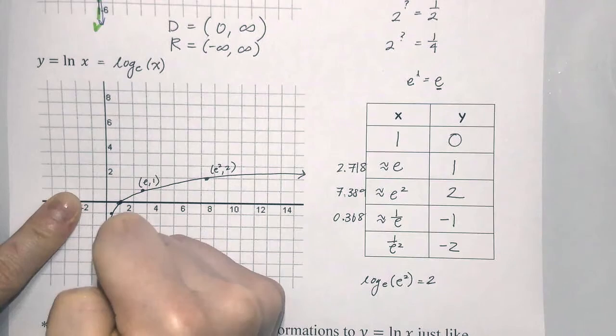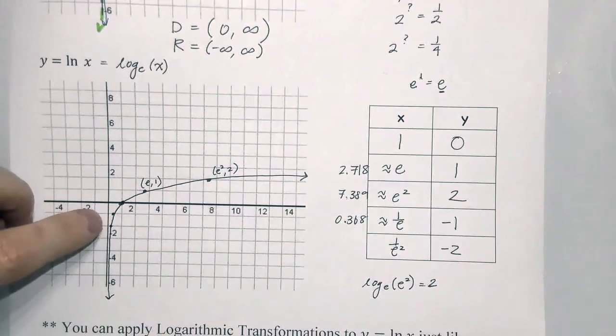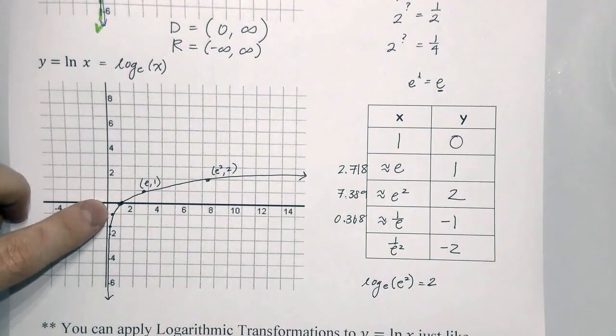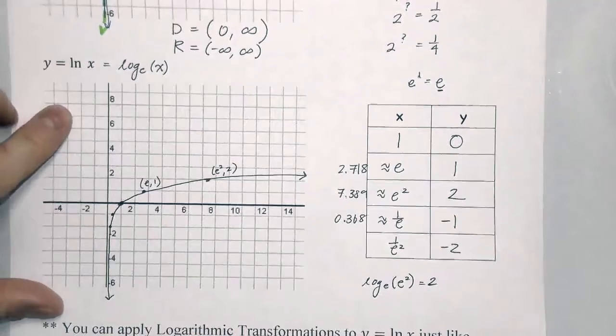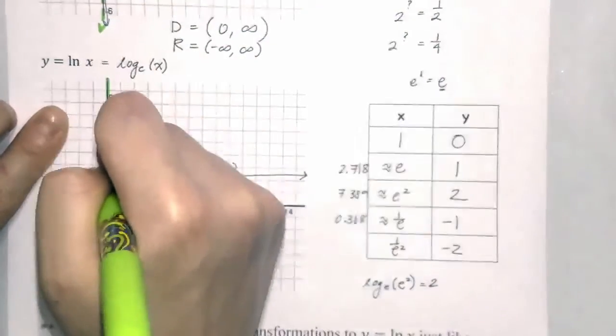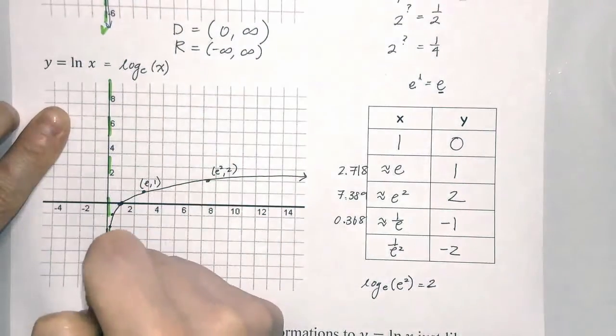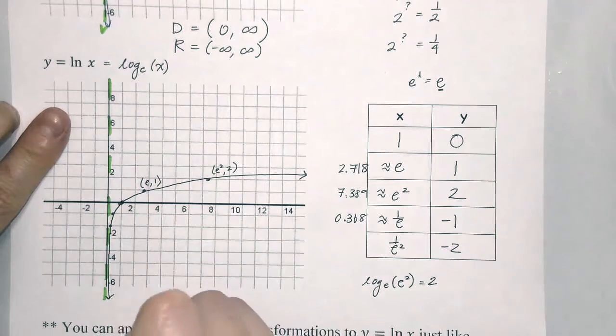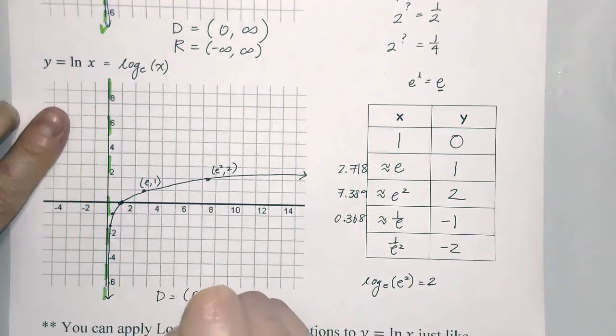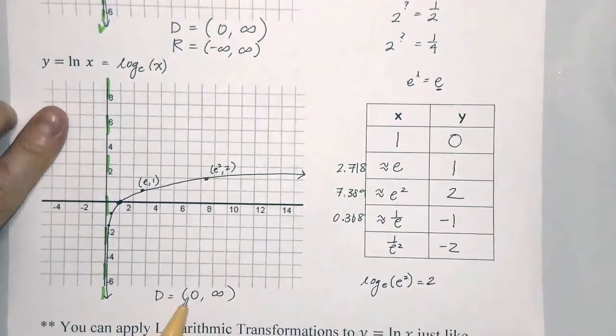So then you will have your natural log graph looking very similar to the logarithm graph. And this will also have your asymptote at x equals 0. So the domain of this function would also be 0 to positive infinity with an open bracket at 0 because of the asymptote.